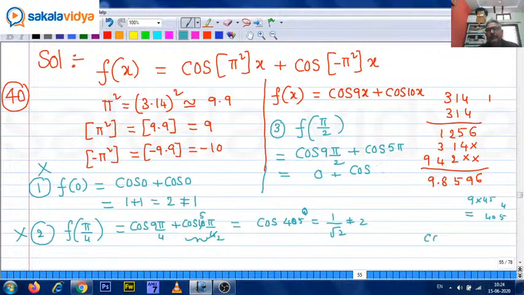Cos n pi equals minus 1 to the power of n. You remember this formula. So we can write now minus 1 to the power of 5. Minus 1 to the power of an odd number is minus 1. So the third option is the right option.